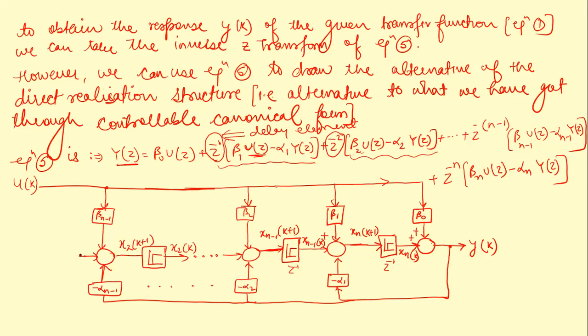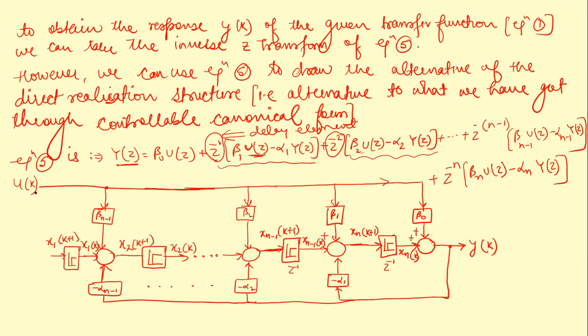so we will add one more delay element, the last delay element here, and the output of this is x1k. Output of the nth delay element is x1k, and input will be x1k plus 1, because the delay element is delaying the x k plus 1th state to kth state, right?